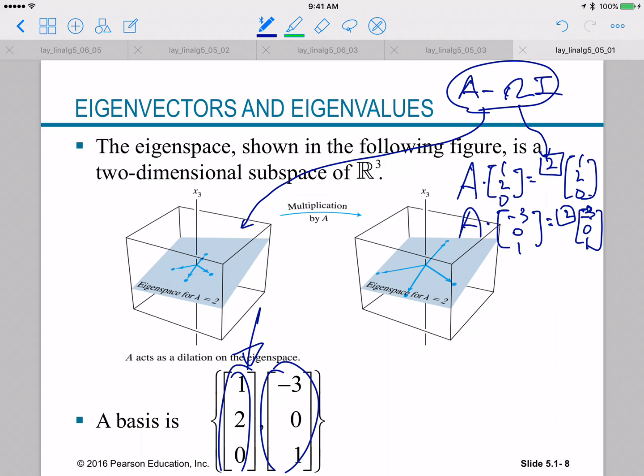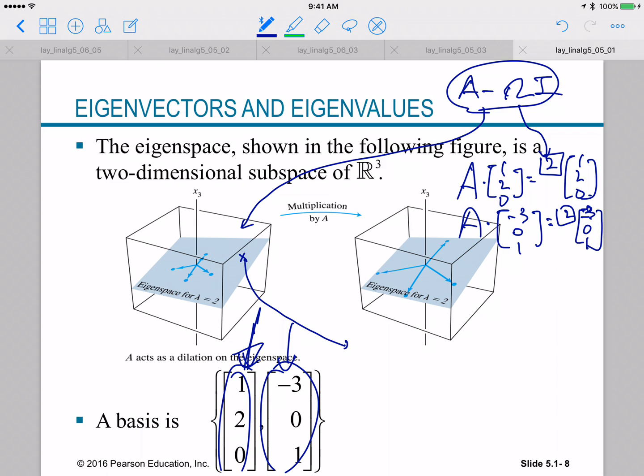Okay, and then what if we selected one vector from our null space? This vector should be representable as a linear combination of those two basis vectors, right?